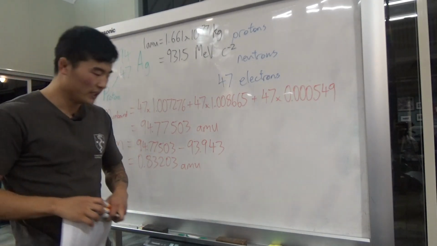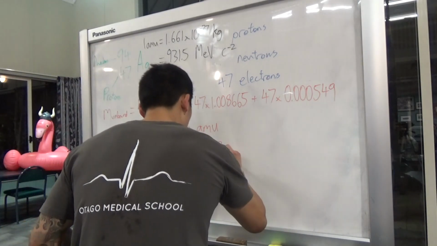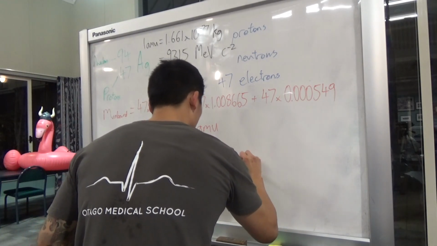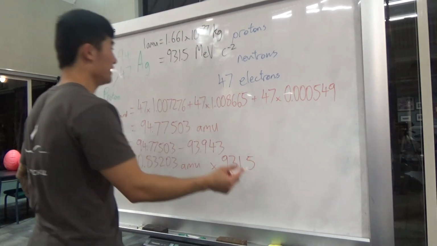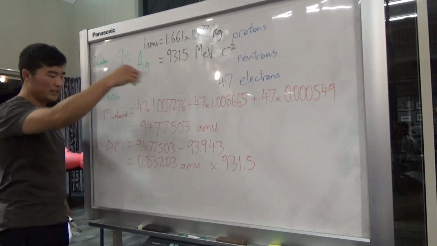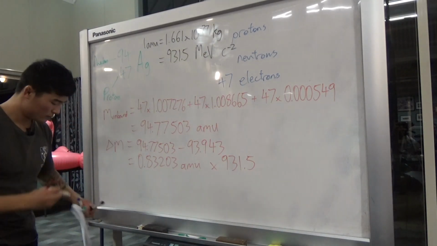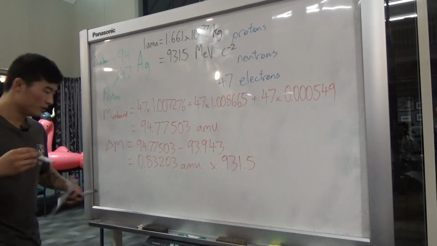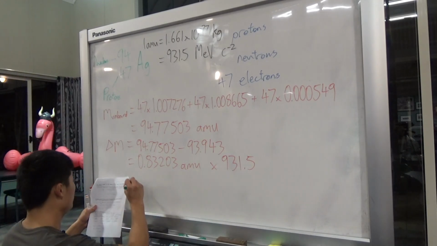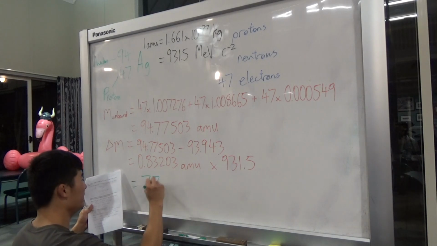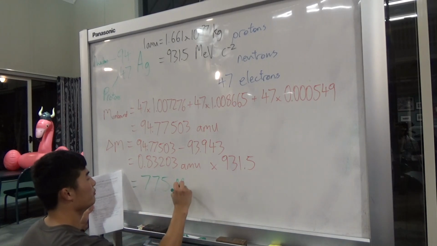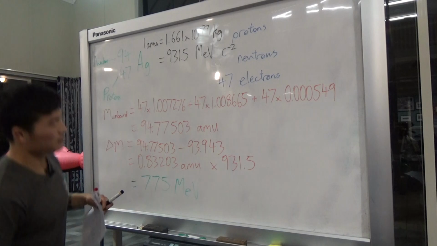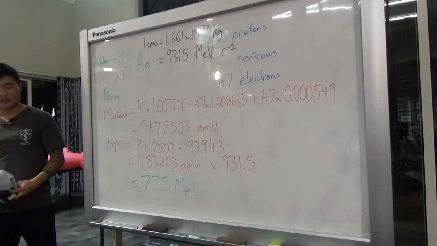And now we're going to multiply that by 931.5. So we're turning it into this unit here, mega electron volts. And that will give you 775 mega electron volts, which is your answer.